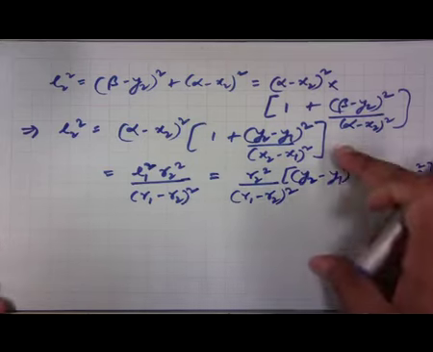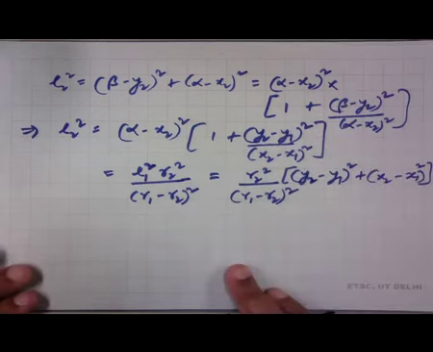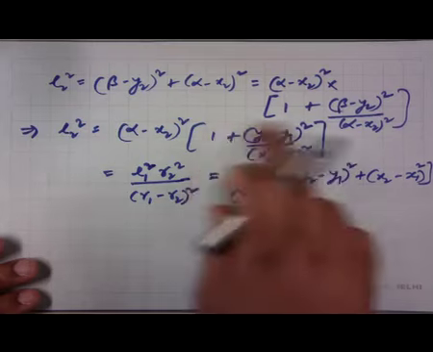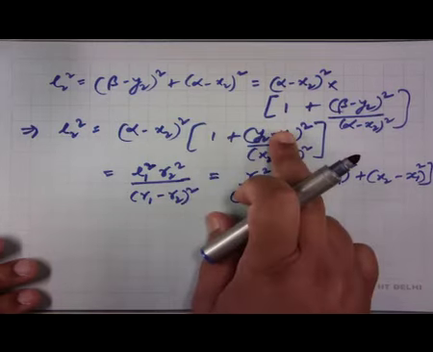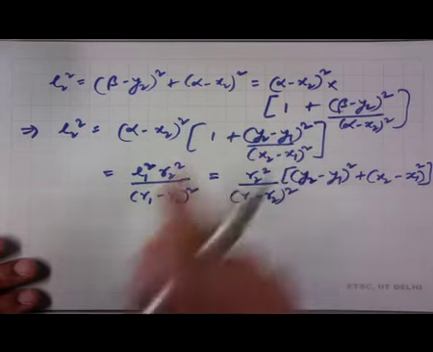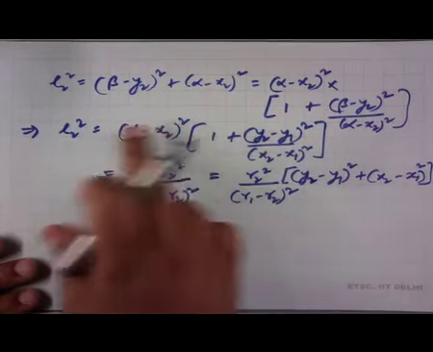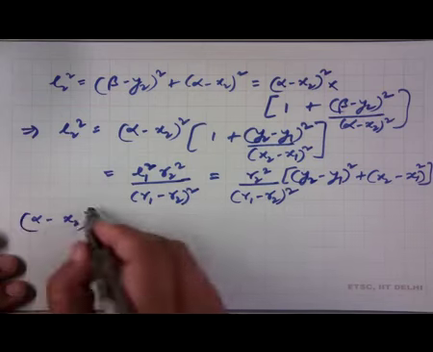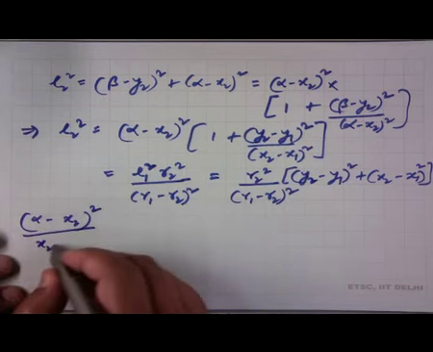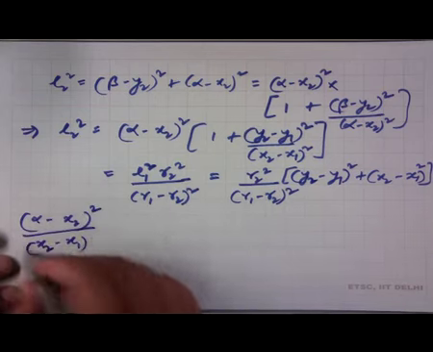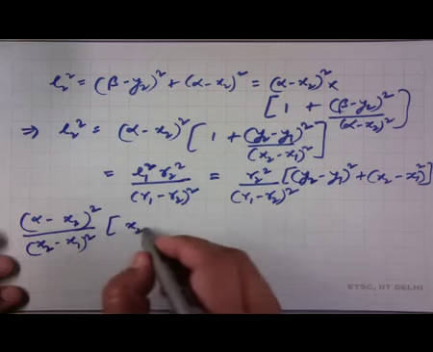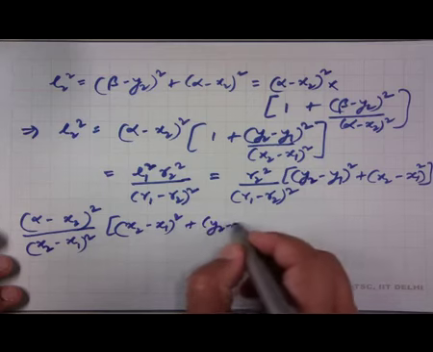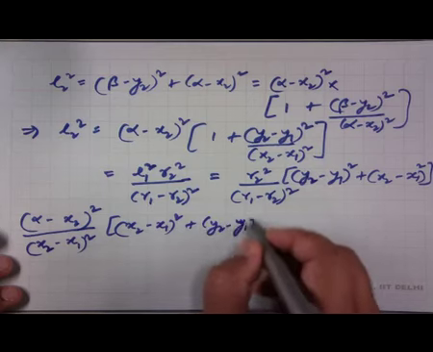So, this and this expression are equal, and then we see that we can take this as common denominator here. This entire left hand side can be written as alpha minus x2 whole square by x2 minus x1 whole square into x2 minus x1 whole square plus y2 minus y1 whole square.